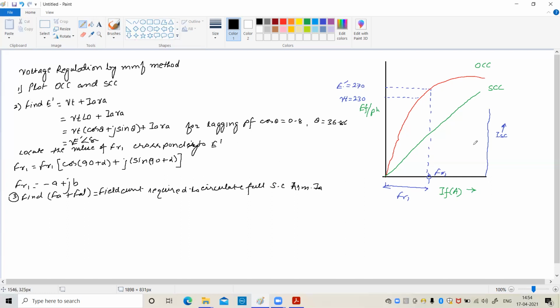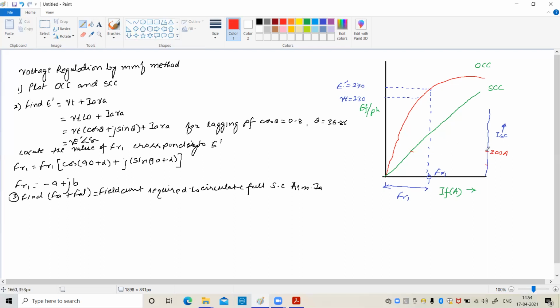What it means, say for example, the full load current of armature is say 300 ampere. So from this, say 100 ampere, 200 and 300 ampere is there. So this is the 300 ampere.